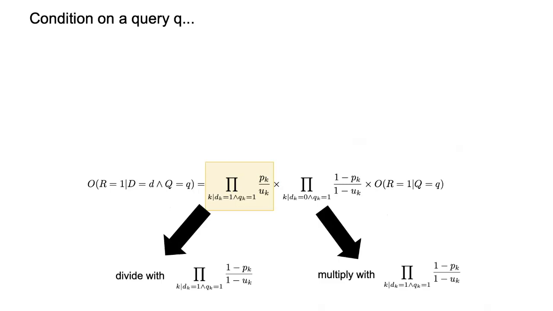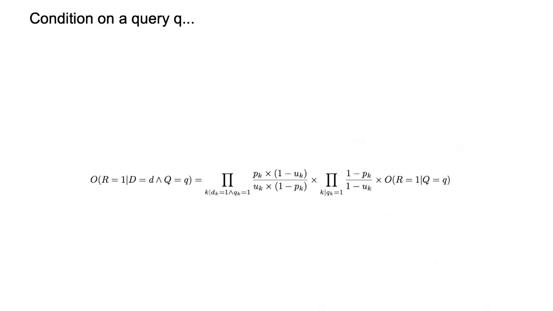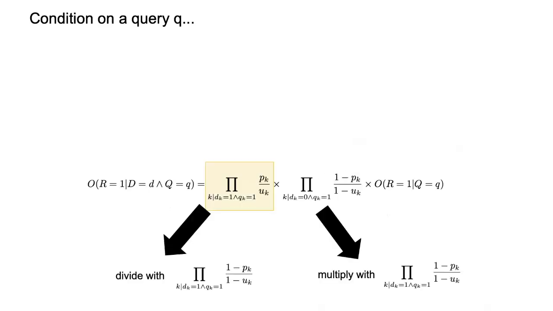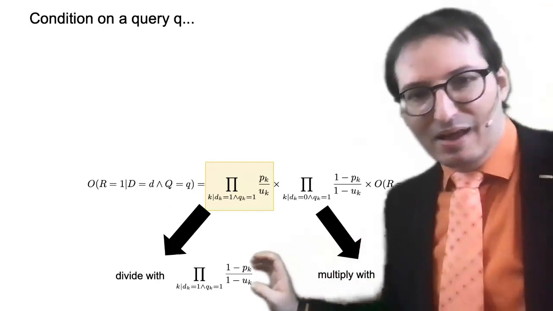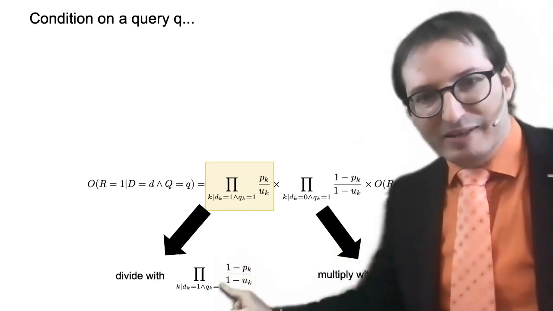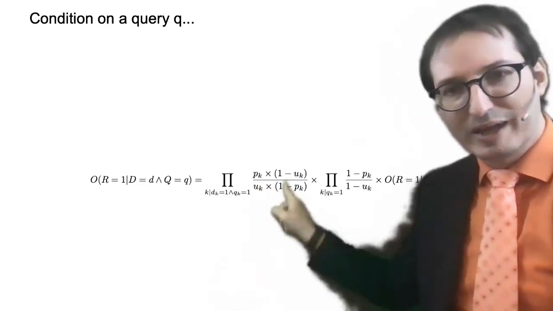So I'm going to divide with this thing. And you agree that I can also multiply here with exactly the same thing. If I divide and multiply with the same thing, that doesn't change the quantity. So I'm going to do that. And when I do it, it slightly changes, because if you divide by this, you end up with this, right?